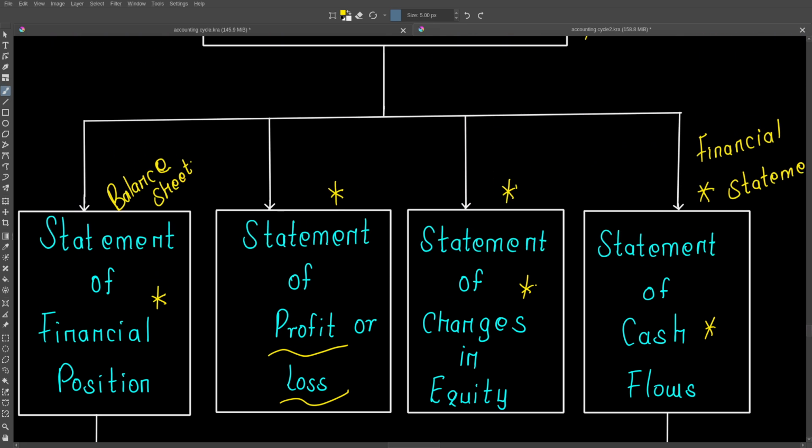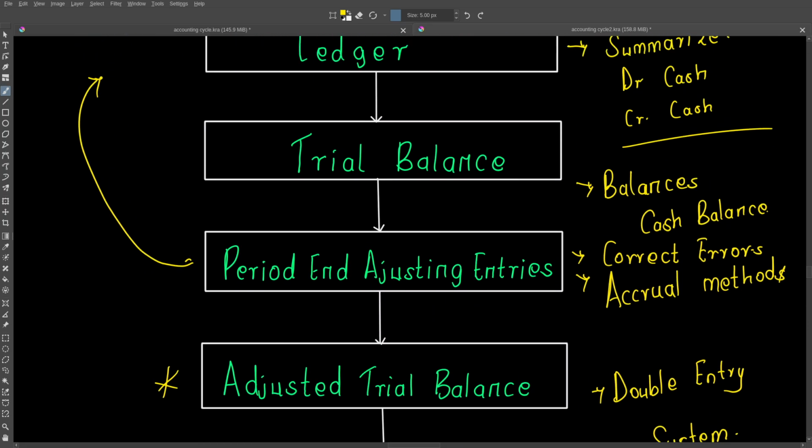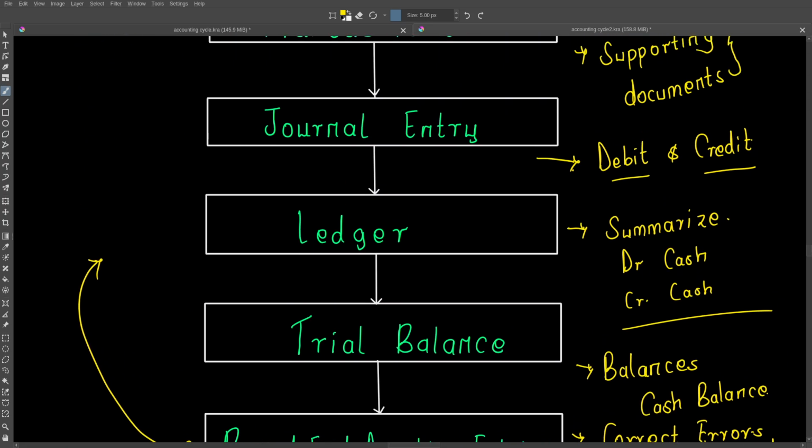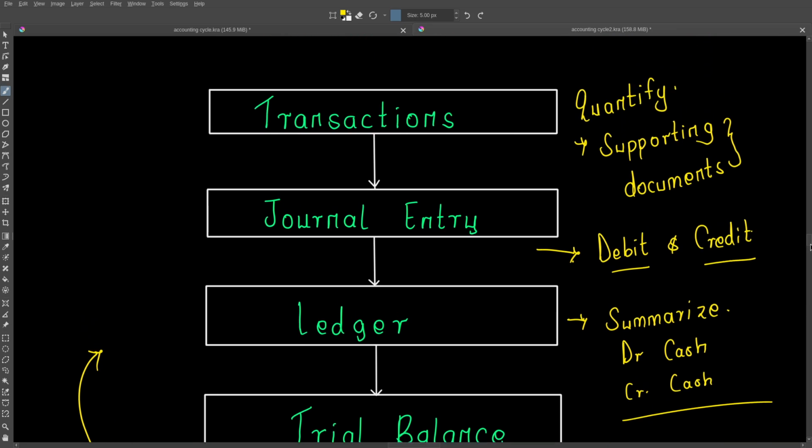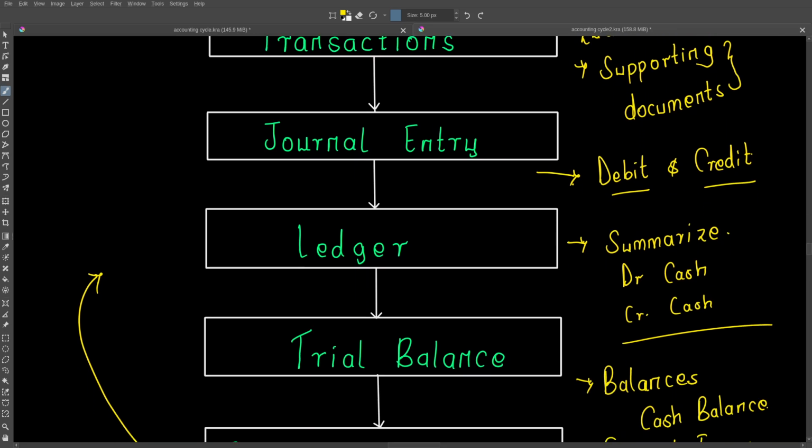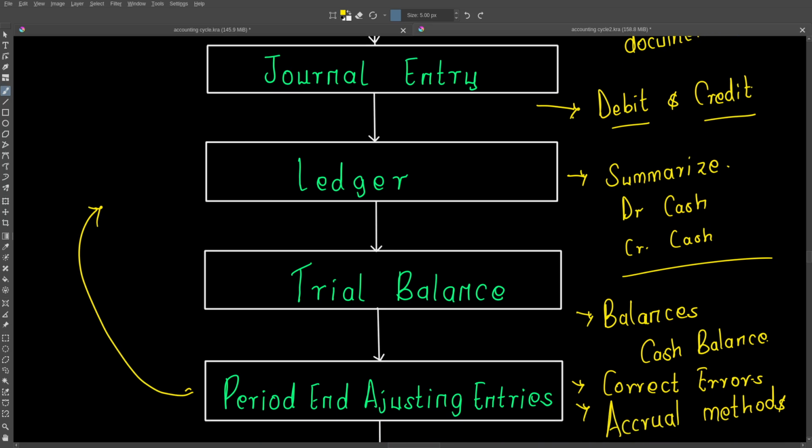And now that in this module we've got to understand the fundamentals of financial accounting, in the next module we will be looking at the journal entries. How do we know when to debit, when to credit? We are going to look at how the ledgers summarize this per account.